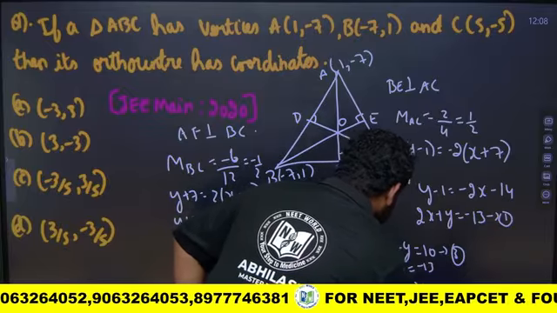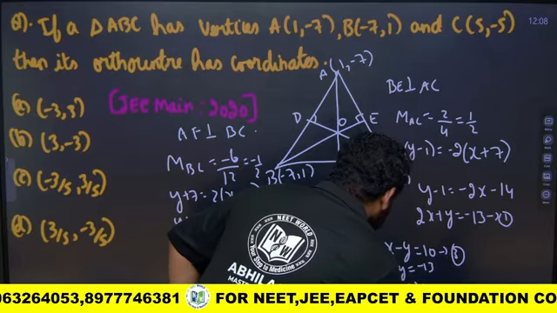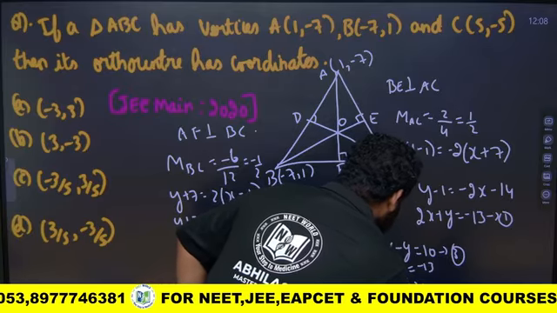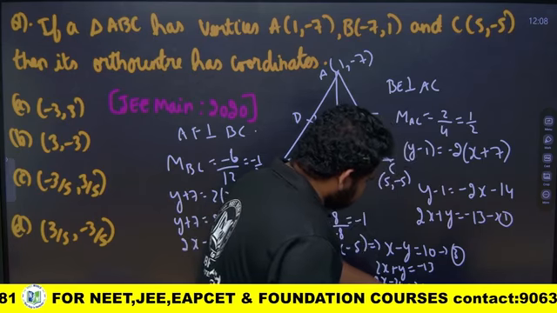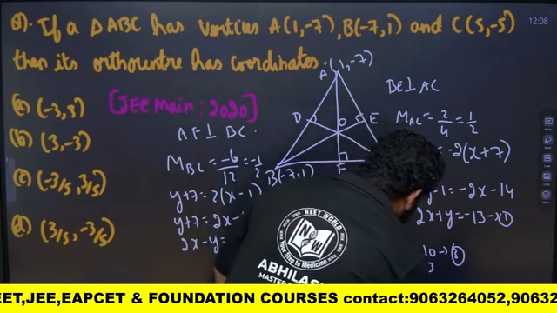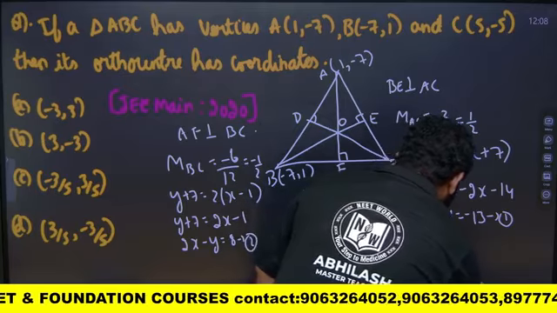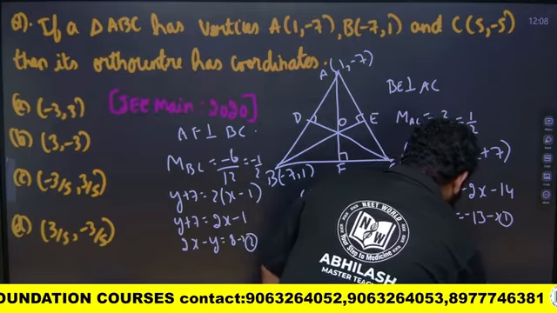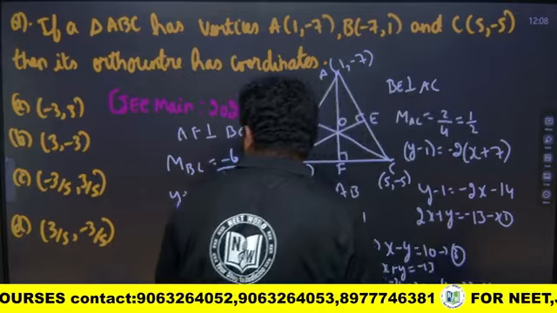If I solve this, what I will get? So here it will get 3y is equal to minus 20 minus 13. So this will become minus 33. So y will be equal to minus 33 by 3, so that will be equal to minus 11, something like that.